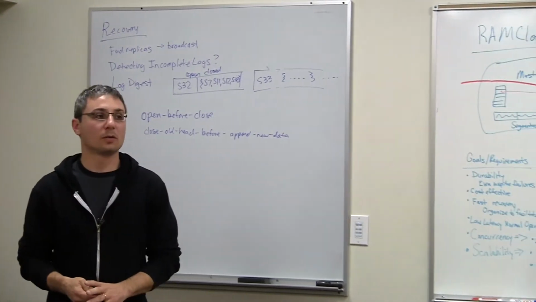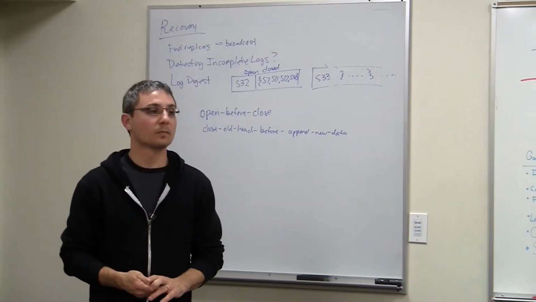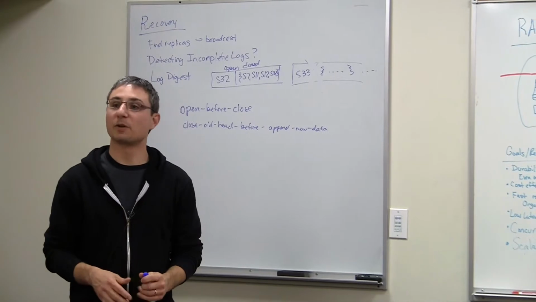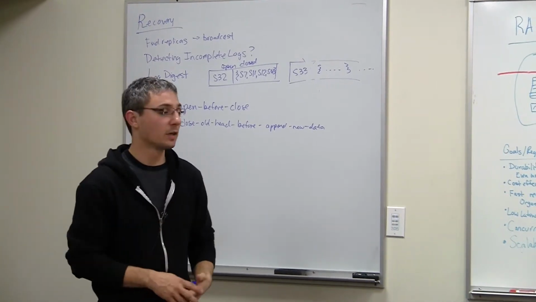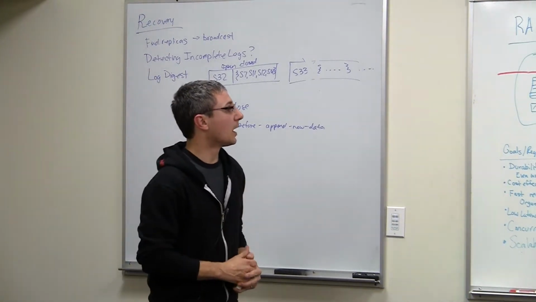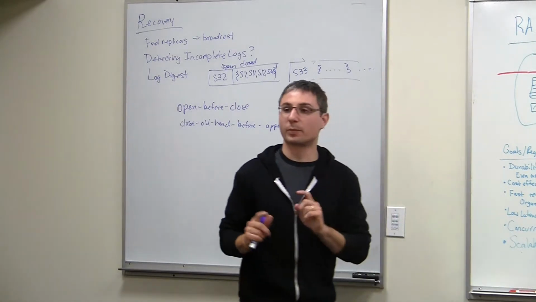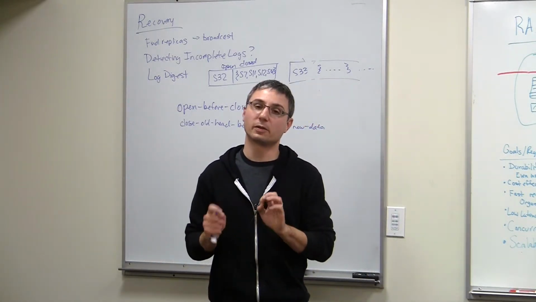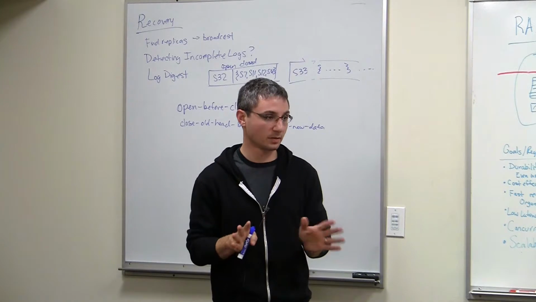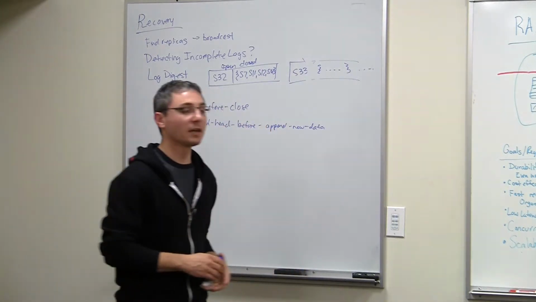Can the system operate as long as at least one replica is found for each segment? Is that what you're asking? During recovery time? Right. Okay, so the question is how many replicas for a particular segment do you have to have before recovery can proceed? The answer is any of them works.